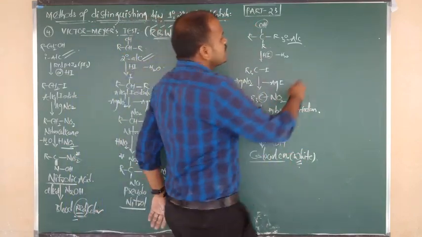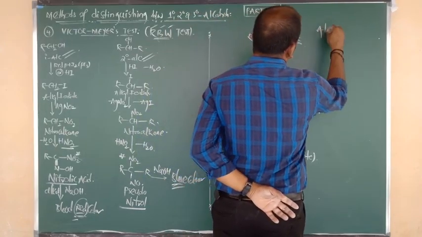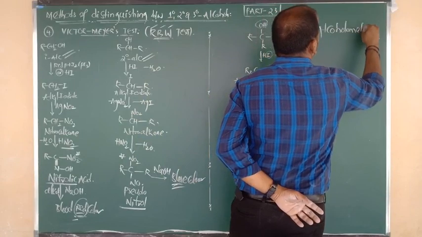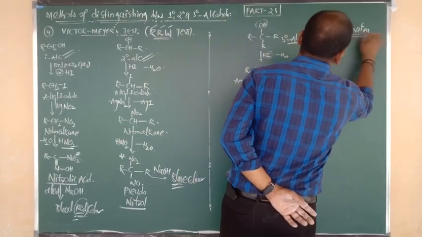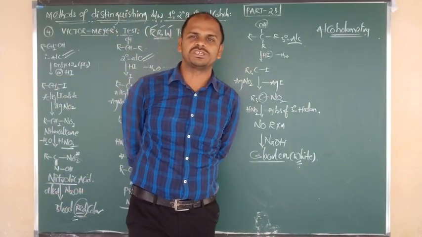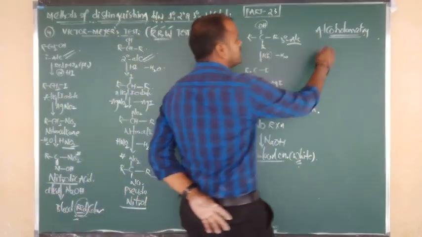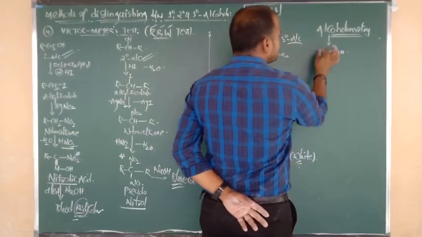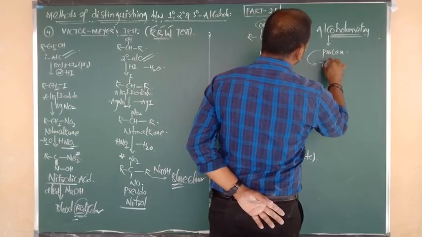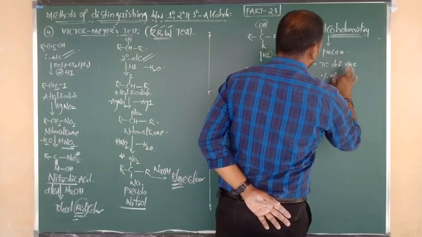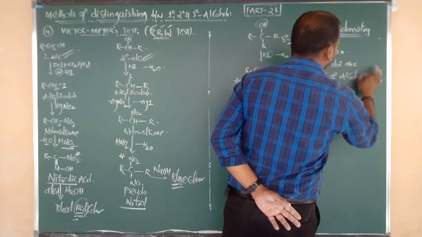Okay, good. So one small topic, which can of course be repeated in objective questions. The topic is nothing but alcoholometry. What is meant by alcoholometry? Alcoholometry is nothing but one type of procedure which is used to determine the percentage of alcohol.